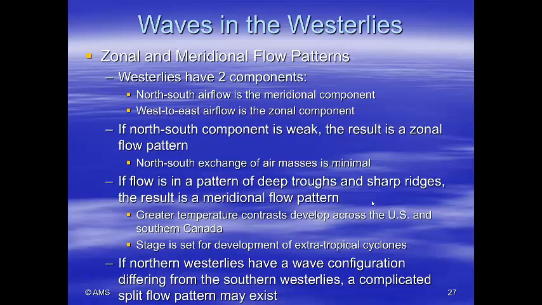If the flow is in a pattern of deep troughs and sharp ridges, the result is a meridional flow pattern, and greater temperature contrasts develop across the United States and southern Canada. And the stage would be set for the development of an extratropical cyclone. If the northern westerlies have a wave configuration differing from the southern westerlies, a complicated split flow pattern can exist.